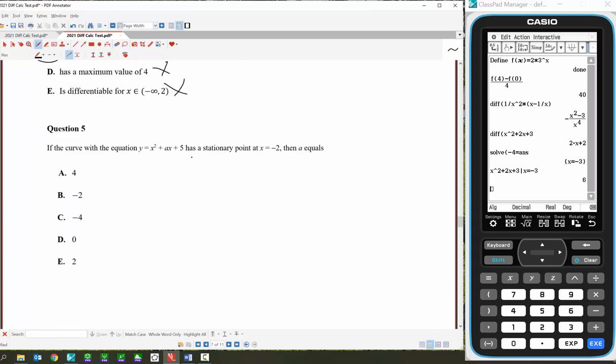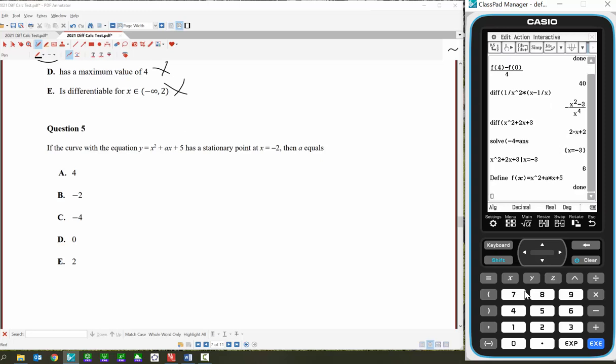If the curve of the equation has a stationary point at x equals negative 2, then a must be. Okay, so again, I do this one on the calculator with a shift define f of x equals x squared plus ax plus 5. So let's get the derivative. So shift minus for diff. I'm going to stop using my keyboard to type this stuff in. So there's its gradient function, and I know that it has a stationary point at x equals -2.